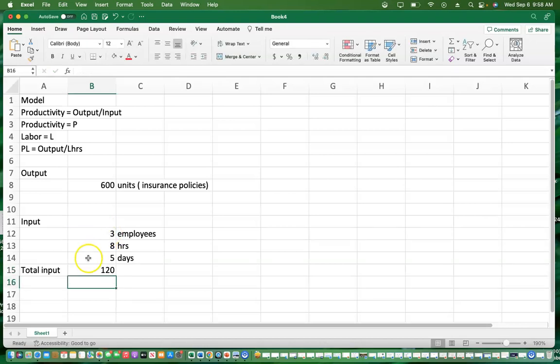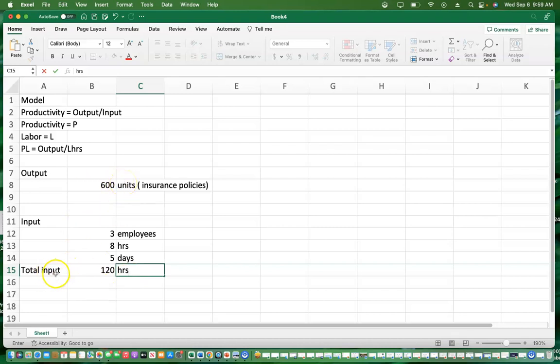So what I did here was take 3 times 8 hours times 5 days, and so we have 120 hours that will be spent to process these 600 units.